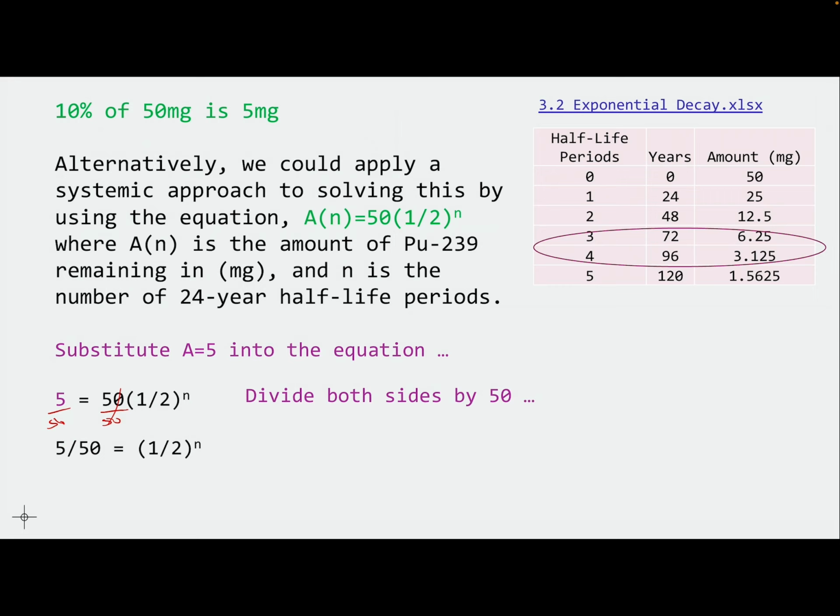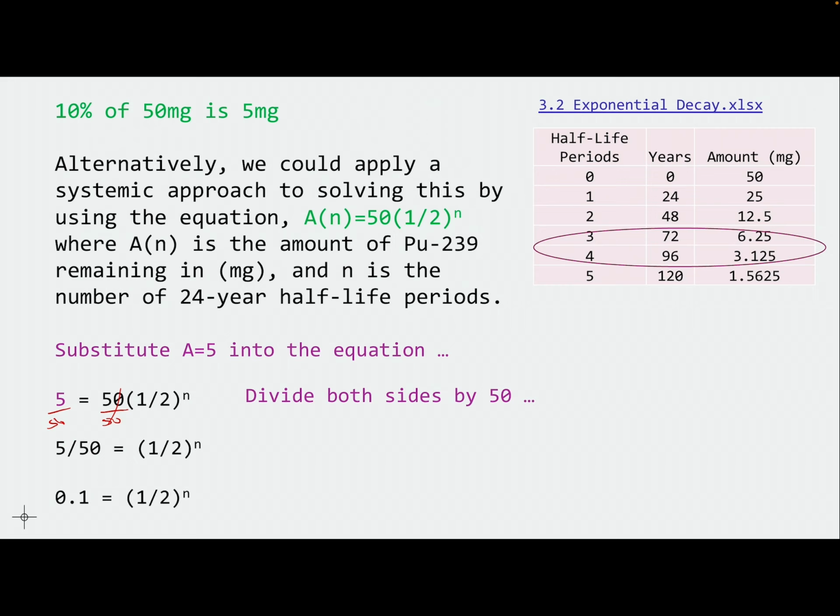Notice we've never algebraically solved for an exponent. I will show you how to do it a little bit later. For now, we're just going to use a systematic, kind of trial and error approach. Right now we have 5 over 50 is 0.1, so 0.1 equals a half raised to the exponent n.